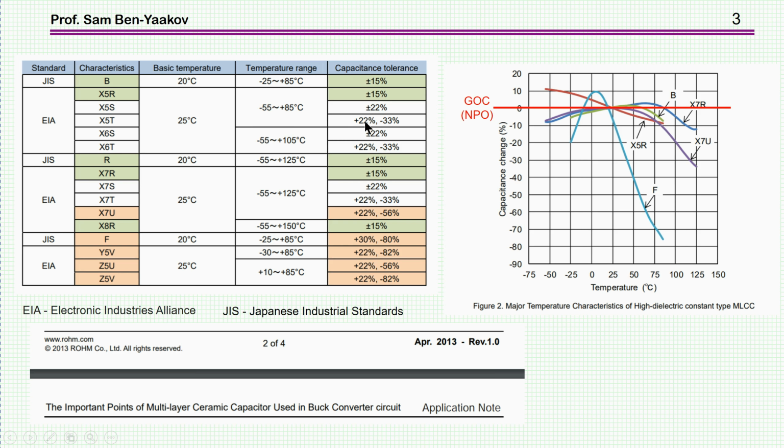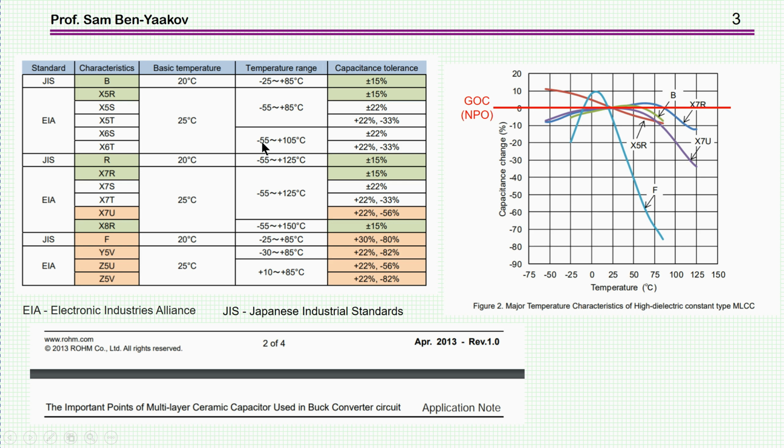This one is a much larger one, this X5T, plus 21% to minus 33%. This is now shown here in a graphical way. This is temperature, this is the percent change. 0 means the nominal value. Now the COG practically doesn't change. It's a very stable capacitor, and the changes are very small over temperature.